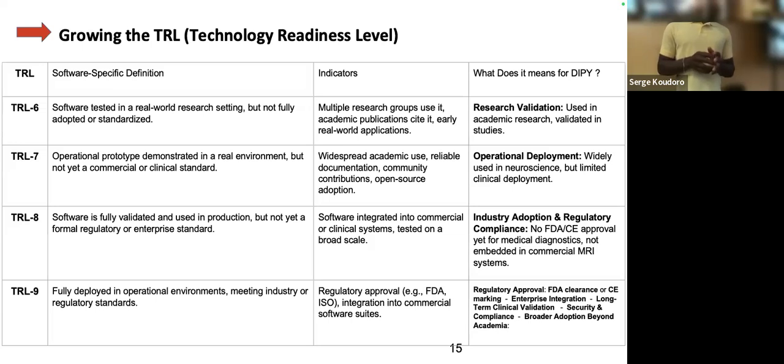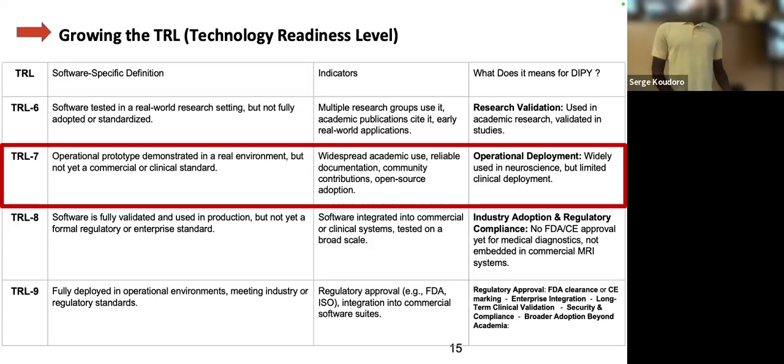And we start to see some applications of this package in clinics, in startups. Many startups use DIPY, and some hospitals use DIPY. So our goal now is to reach a strong TRL 7 by simplifying.